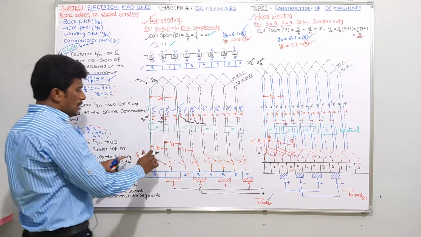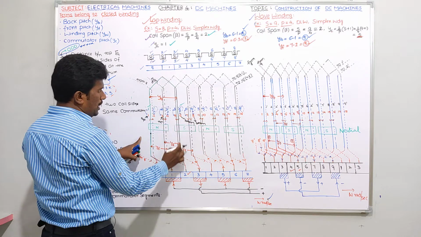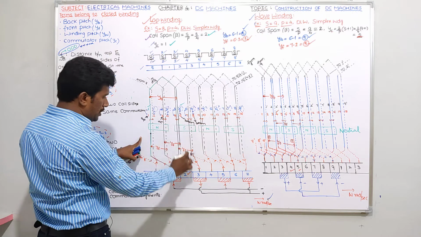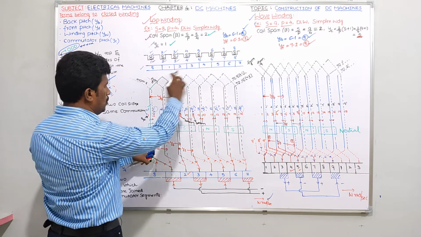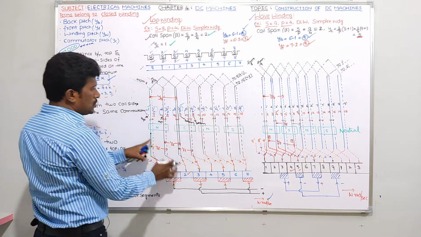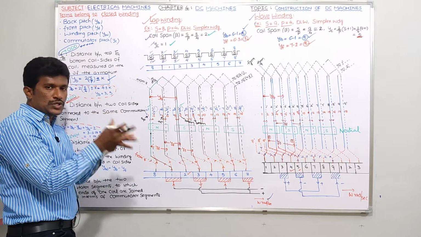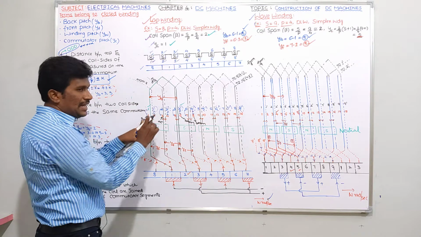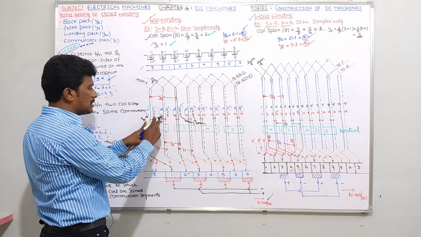That means if you see, conductor 1 to conductor number 6 is one coil, and from 3 to 8 is the other coil. In that, the first coil's top conductor is this one, and the second coil's top conductor is 3.